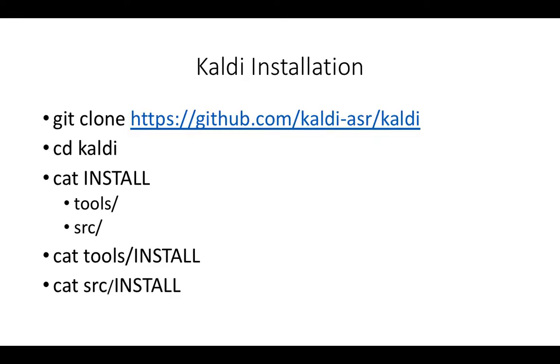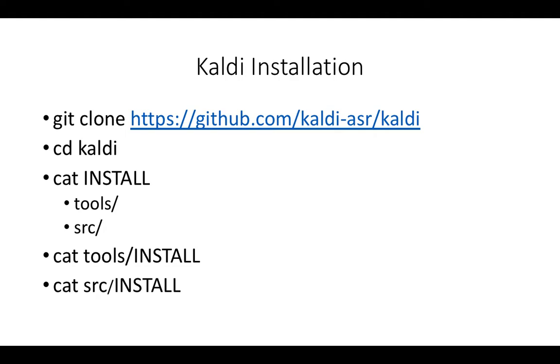So, first of all, how can we install Kaldi? The Kaldi repo is available here, and it must be noted that we should also have git installed in the Kaldi environment.